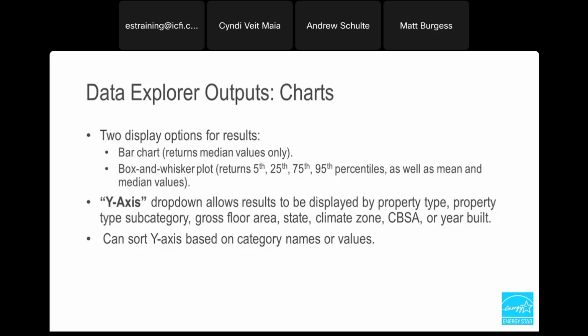And also, once you've opted to get your data in chart format, there is a further drill down to allow you to specify how you want to format your y-axis. And again, this will all make sense in just a minute.